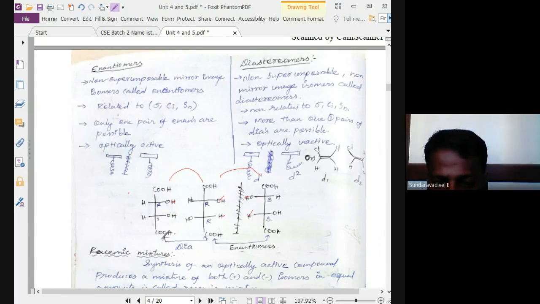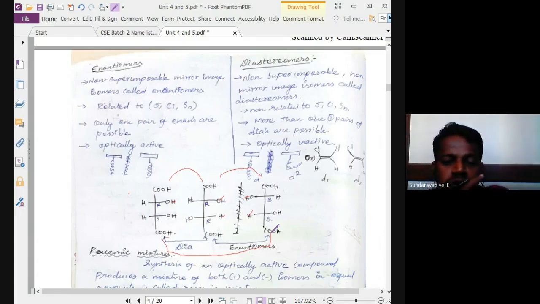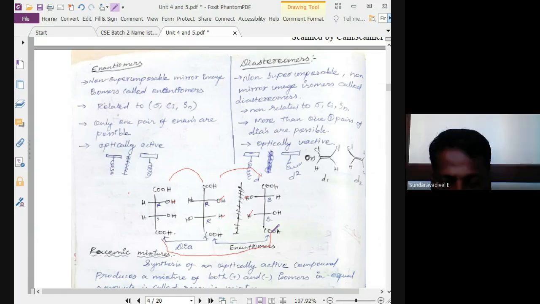1 and 3, you tell me, is it a diastereomer or enantiomer? The molecule 1 and molecule 3 in that set, is it a diastereomer or enantiomer? Enantiomer. How can you say that 1 and 3 is an enantiomer?